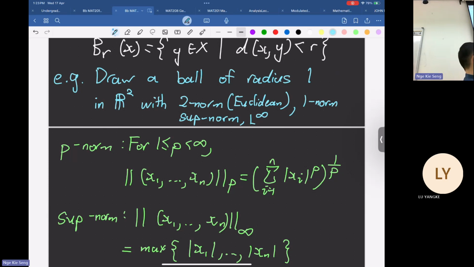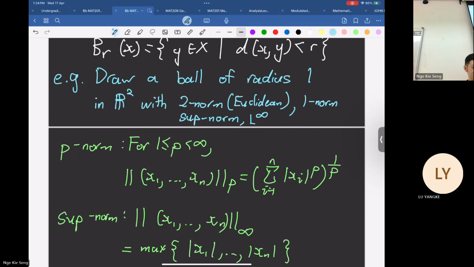When P equals 2, what is the ball? A circle, yes, correct. So how about the others? Get the equation and then draw what points satisfy the equation.